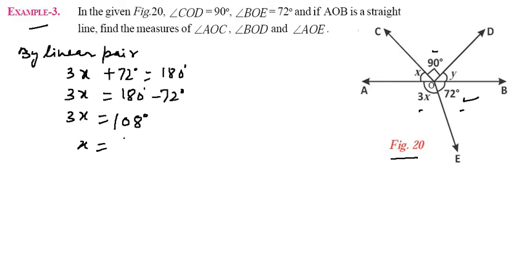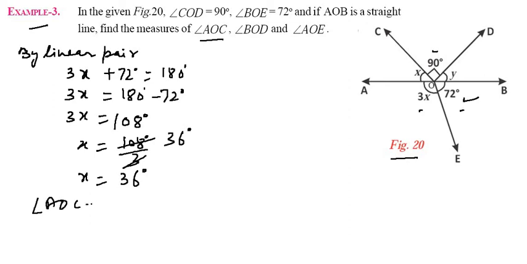So x will be equal to 108 degrees divided by 3. 3 threes are 9 and 3 sixes are 18. So x will be equal to 36 degrees. So we can find the AOC. This angle is AOC. So angle AOC is equal to x, and it will be equal to 36 degrees, and that one is your first answer.